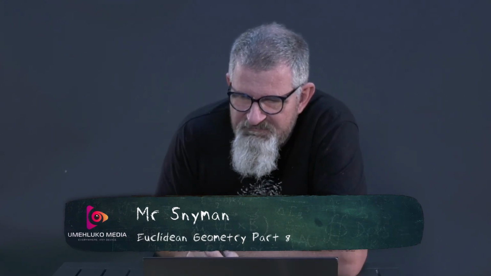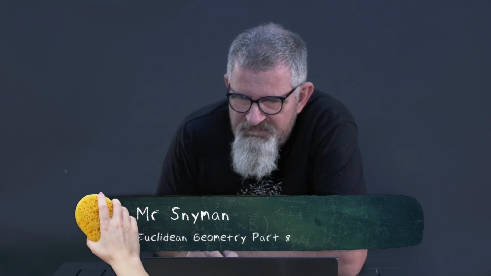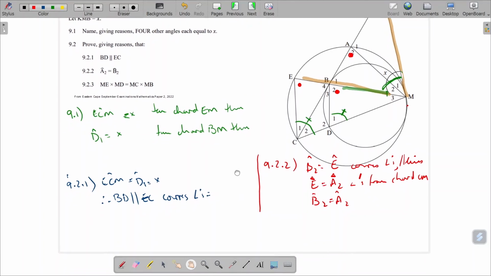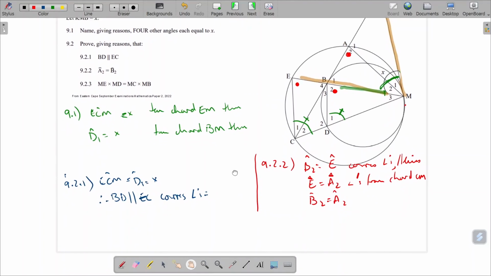I'm still not seeing quite why we've got this situation, but I do want to move on to 9.2.3 and have a look at this proportion.